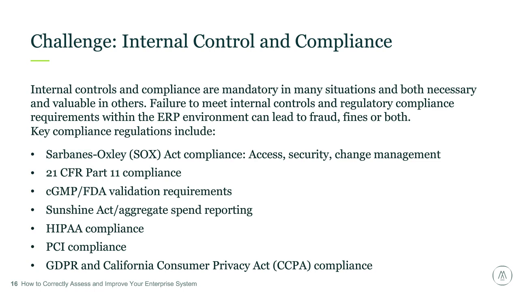Another example is current good manufacturing practices, abbreviated as CGMP, that's enforced by FDA to ensure proper controls over manufacturing processes and facilities. And then there is the Sunshine Act, which requires companies dealing with healthcare providers to report aggregate expenditure and payments to these providers.